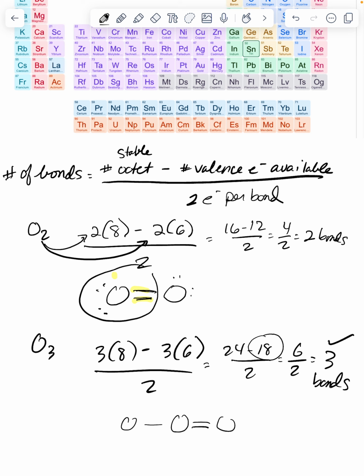We have 18 electrons to give out. On the right, we've already seen up above that the double bonded oxygen likes to have 2 extra sets, so we'll go ahead and do that so that we'll have a total of 2, 4, 6, 8 for that guy. He's happy.